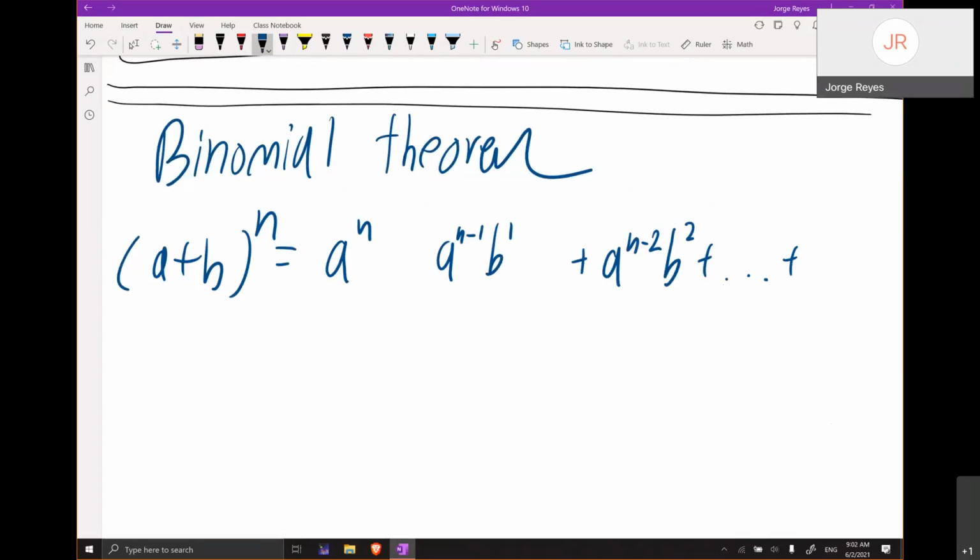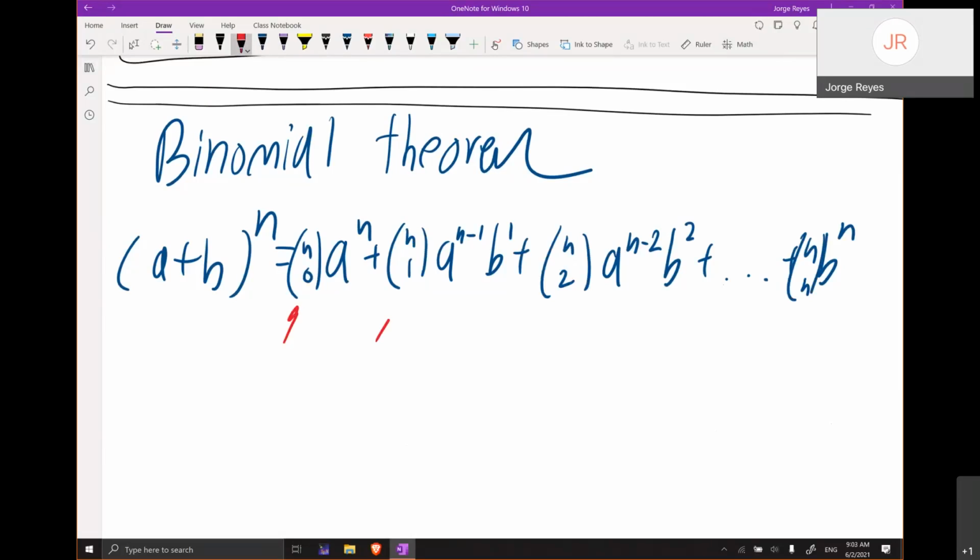I'm just gonna skip to the last one, so plus b to the n, okay? We're gonna use n choose 0, n choose 1, plus n choose 2, and then this last one is n choose n. Okay, so this weird parenthesis thingy that I just made here, that's called a binomial coefficient.